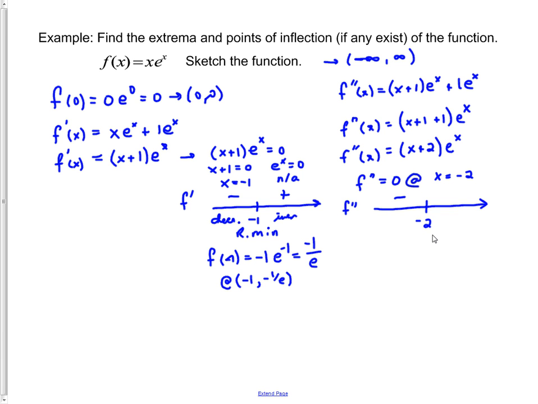Substituting a number to the right of negative 2, like, say, 0, gives me 0 plus 2 times e to the 0. That's positive. So we have a shape that is concave down to the left of negative 2, and then concave up to the right of negative 2. So there is certainly a change in concavity right here. And so we definitely have a point of inflection here at x equals negative 2.